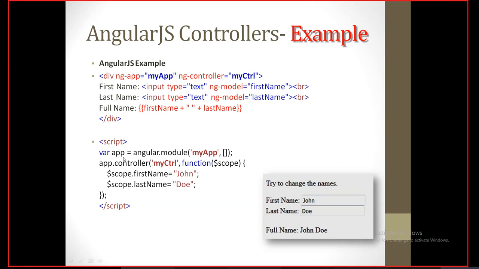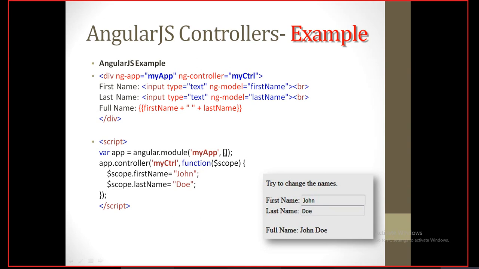So I'll have to use a variable, and by using the angular.module function, I will provide the name of my AngularJS module. The name of the module in this case is myApp. Now I will get the reference to that particular module in this app variable. Understood?